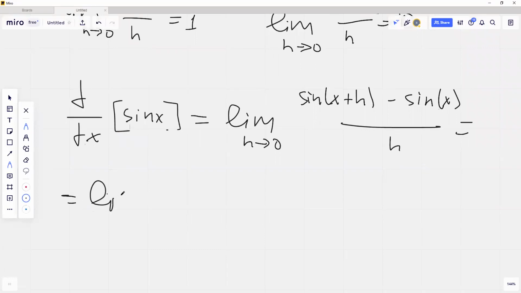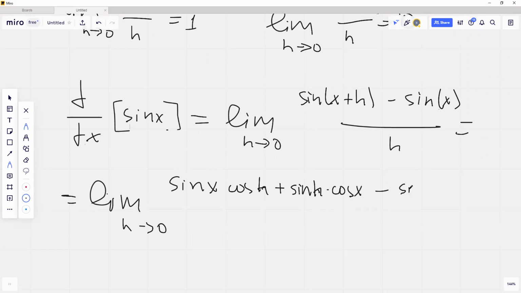Let's expand this using the rule for sine of the sum of two angles. This is sine of x cosine of h plus sine of h multiplied by cosine of x, minus sine of x, divided by h.